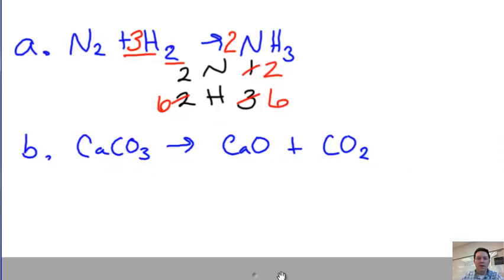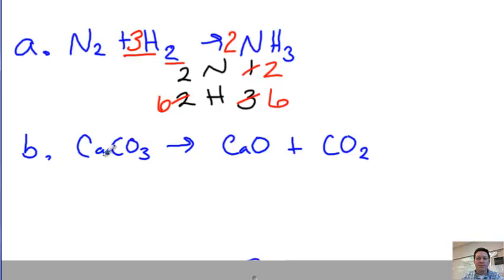Another example here. We've got calcium, carbon, and oxygen. So again, we're doing a tally of what we have in our reactants. 1 calcium, 1 carbon, 3 oxygen. On the right side, 1 calcium.